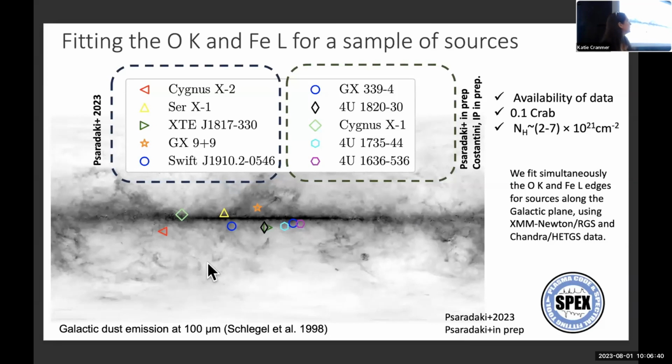And of course, availability of data in the Chandra and XMM archives, because we combine these two telescopes, and bright sources to have enough signal. So this is the sample that we came up with, and I'm going to present the results from this first part.